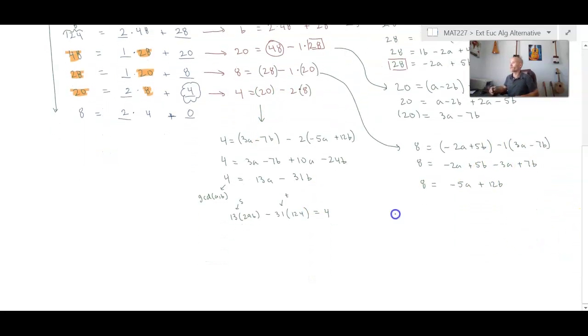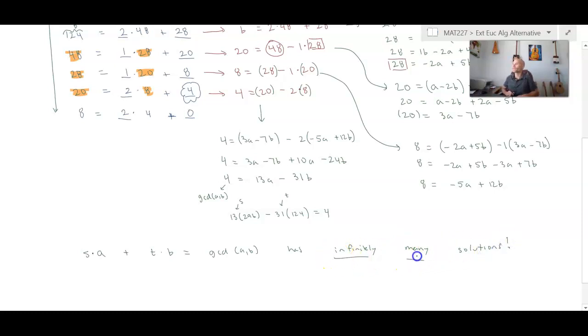Now, here's the thing. This actually has the equation S times A plus T times B equals the GCD between A and B. It has infinitely many solutions. Okay, infinitely many.